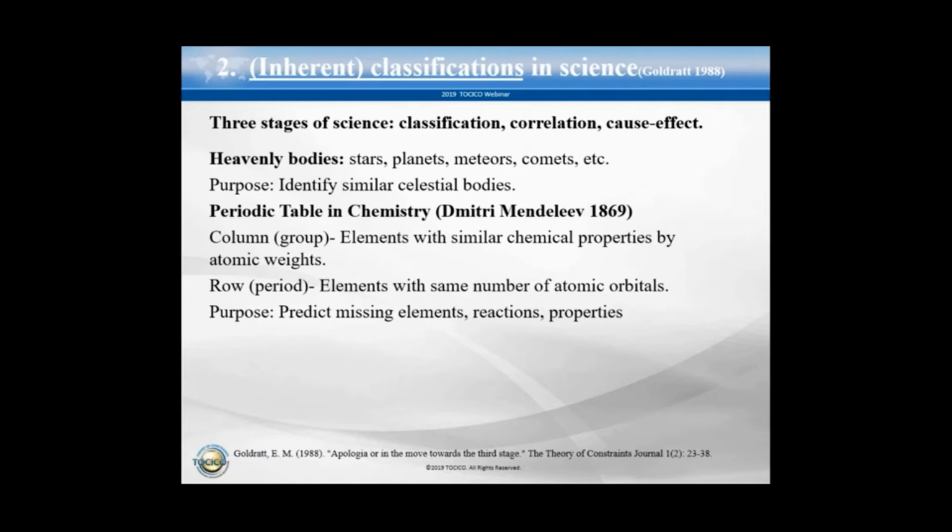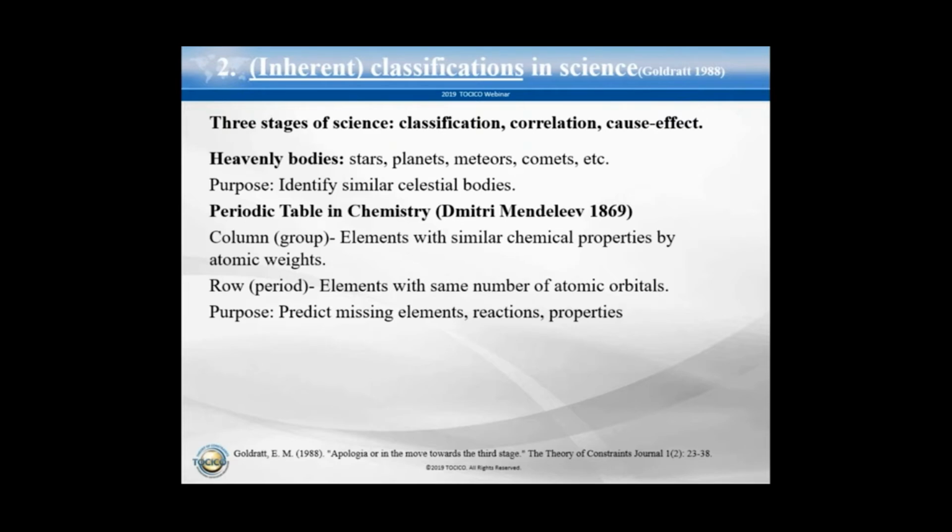Goldratt talks about the periodic table in chemistry. Mendeleev's contribution talks about the rows and what's in each row, the columns, what's in each column, and the purpose of that table was to predict missing elements, reactions between elements, and properties of elements. So there was a purpose to the classification scheme. An inherent classification is that classification that allows you to achieve the purpose you want to achieve.